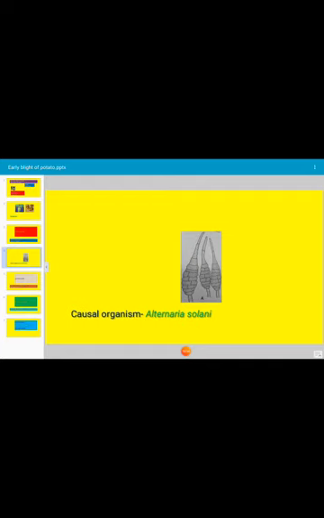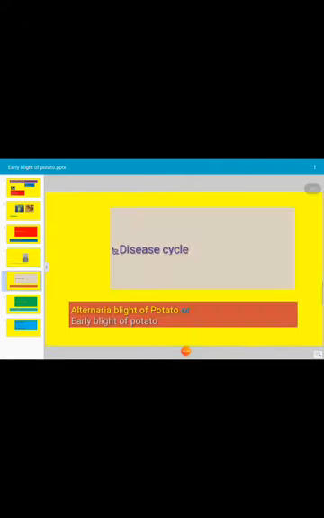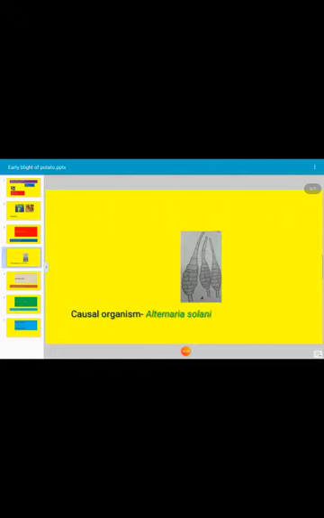The fungus produces small fertile hyphae which are erect, known as conidiophores. Conidia producing stalk-like structures means conidiophore. Phore means stalk. The conidiophores of Alternaria solani are relatively short.